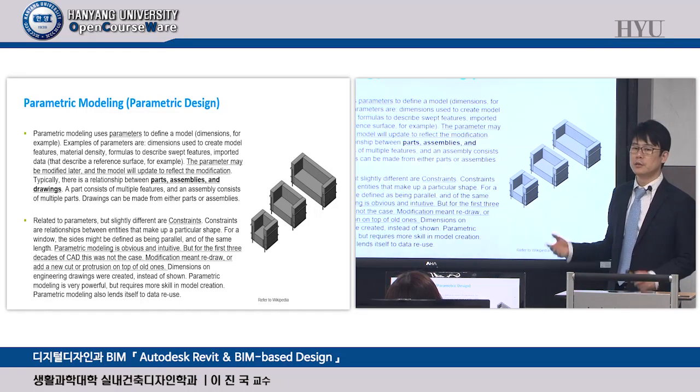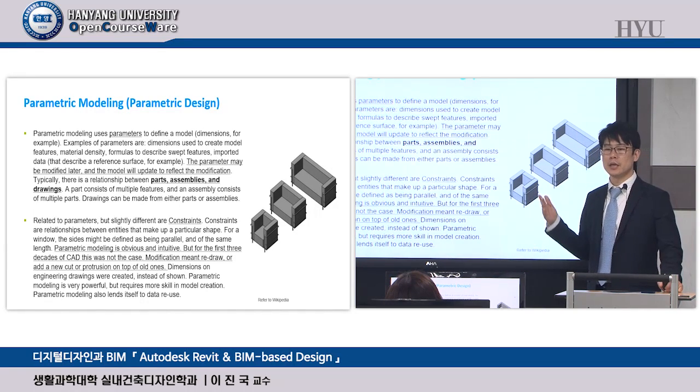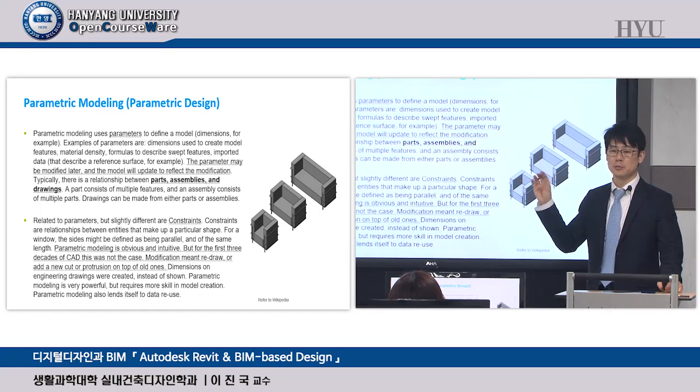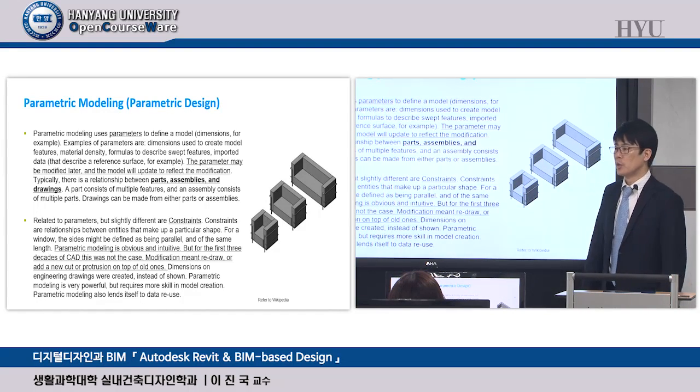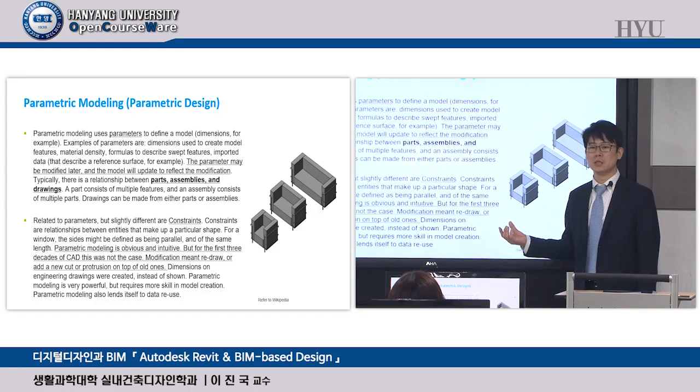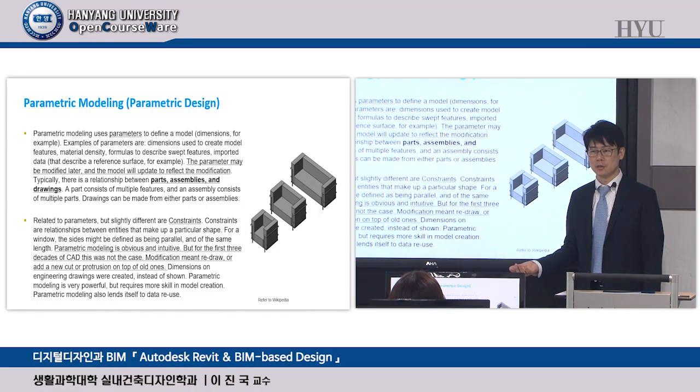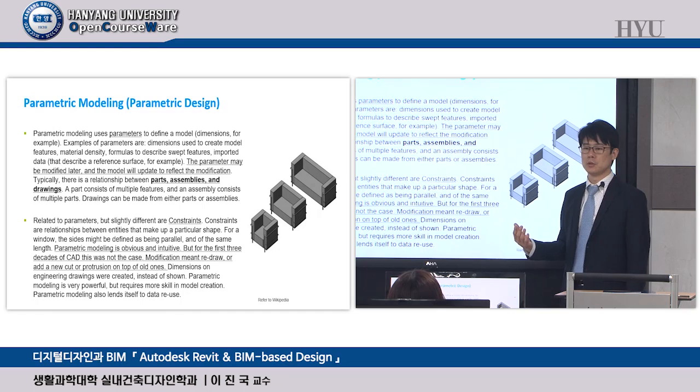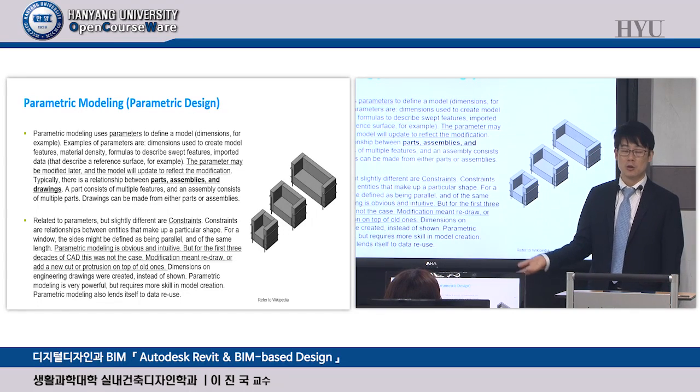And also, think about a window object. In Revit, you cannot install windows without a wall. You have to install the wall first and then place windows on top of that wall object. Because a window has intrinsic constraint, it can only be installed on top of a wall object.